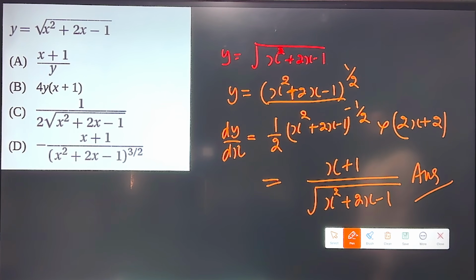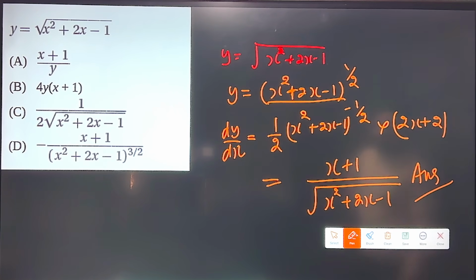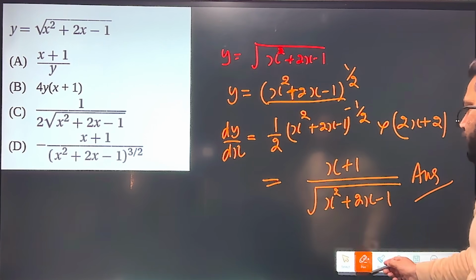And you can check which option is exactly matching with this question. So you can say that D, C, B all are not matching. So all steps are correct.